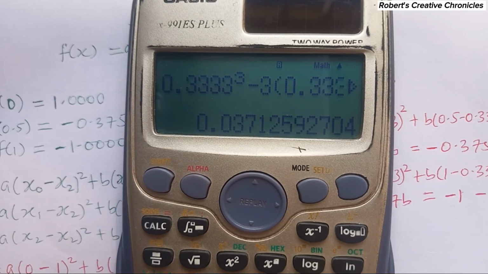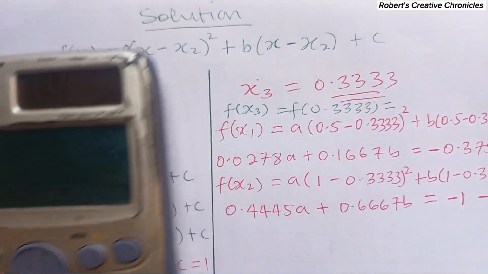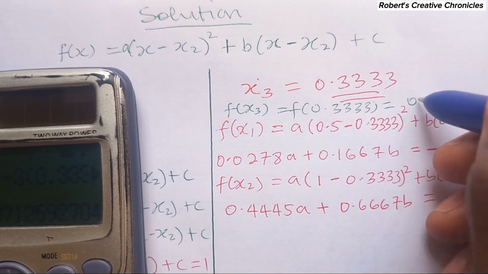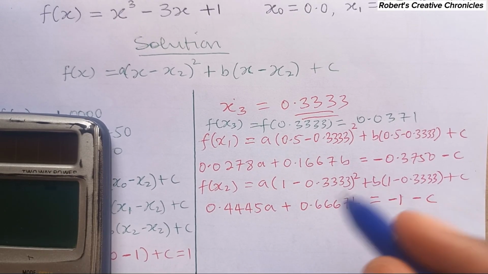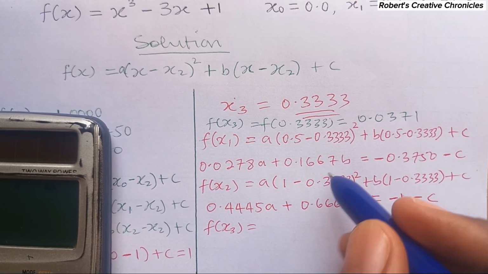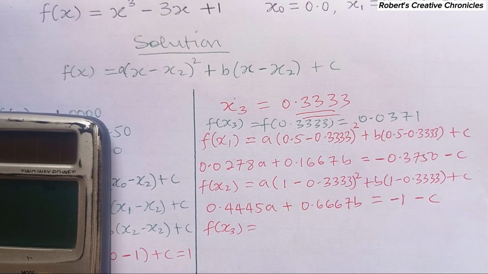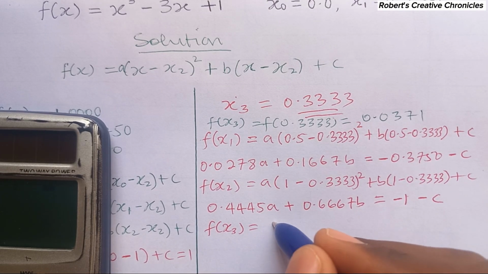So this is 0.0371. So this fx3 is equal to, here will be 0 automatically because x3 minus x3. So a will be 0, b will be 0, then it will be c.